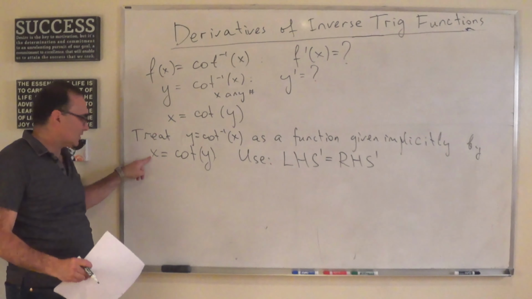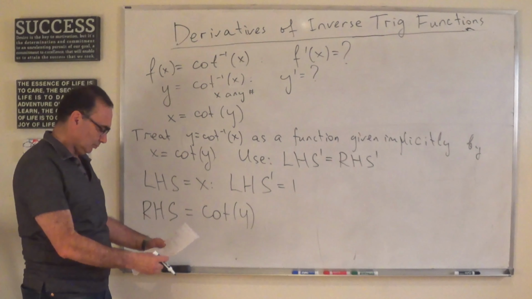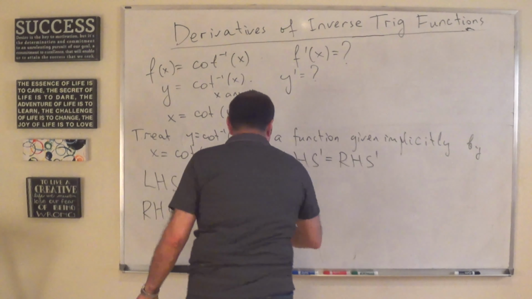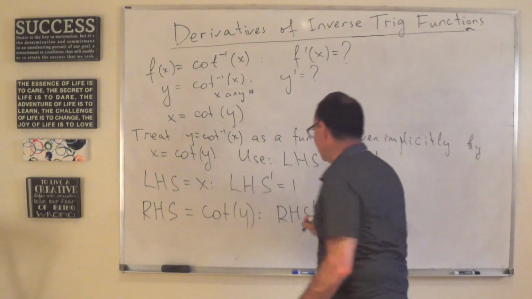Right-hand side is cotangent y. And so, the derivative of right-hand side should be calculated as the derivative of this expression the normal way, but then always multiply times y prime.